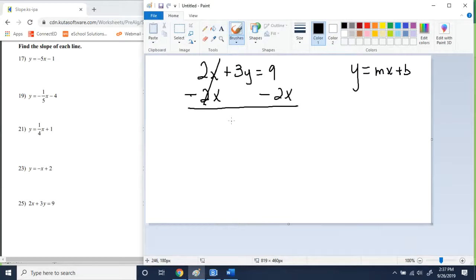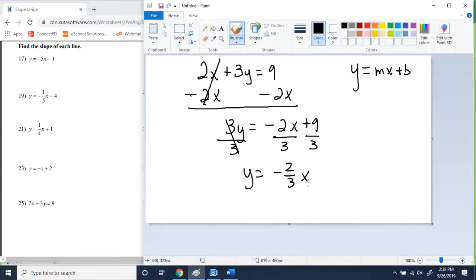Working left to right, it's going to cancel. 3y equals -2x plus 9. And I'm writing it like the formula is lined up. I still need y by itself, so I'm going to divide 3 by everything on the other side. y is going to be -2/3 x plus 3.